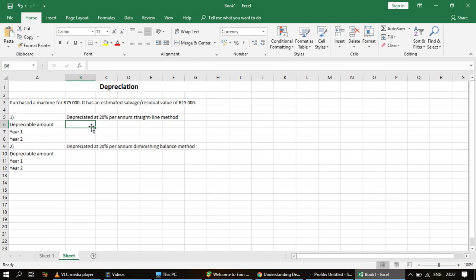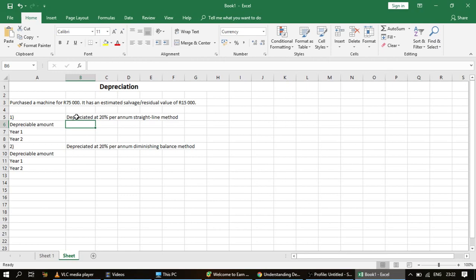Now, what is the first thing we do when we calculate depreciation? We find the depreciable amount. The depreciable amount is the amount that we'll use to calculate the actual depreciation for each period, and it's the one that will be depreciated over the useful life of the asset until it's fully depreciated. That's the depreciable amount. How do we get the depreciable amount?